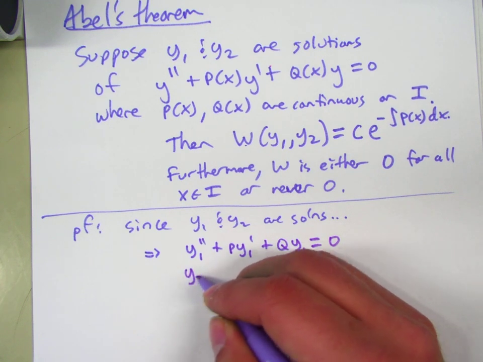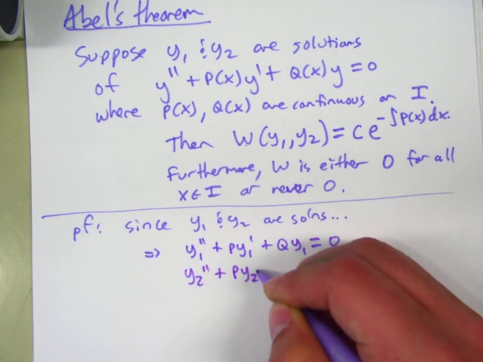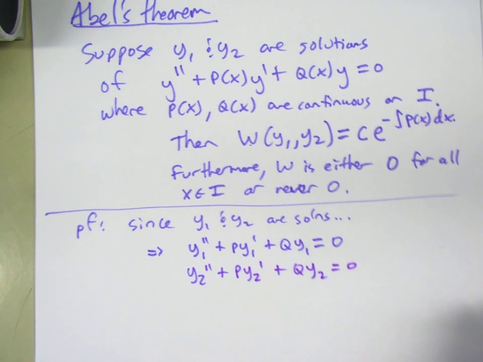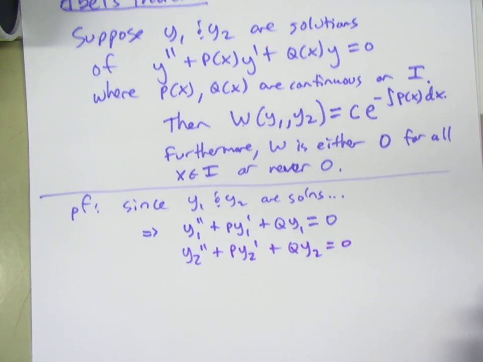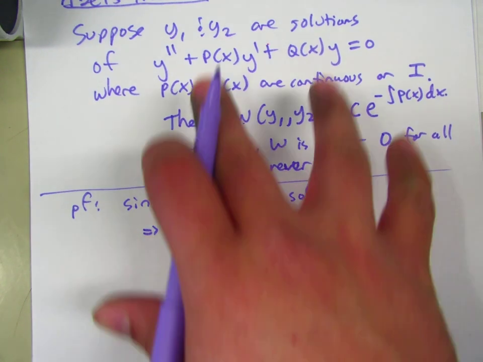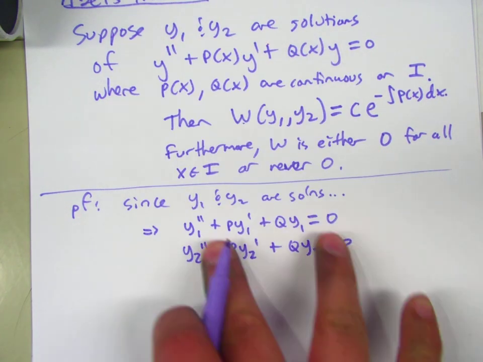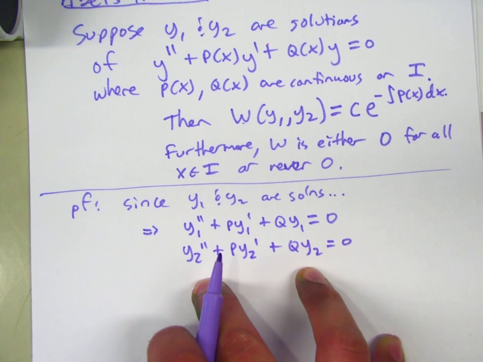And also y2 double prime plus p y2 prime plus q y2 equals 0. This is based on the fact that here's the equation we're trying to solve, but we know y1 and y2 are answers, then this needs to be true. Does everybody follow that? Okay.